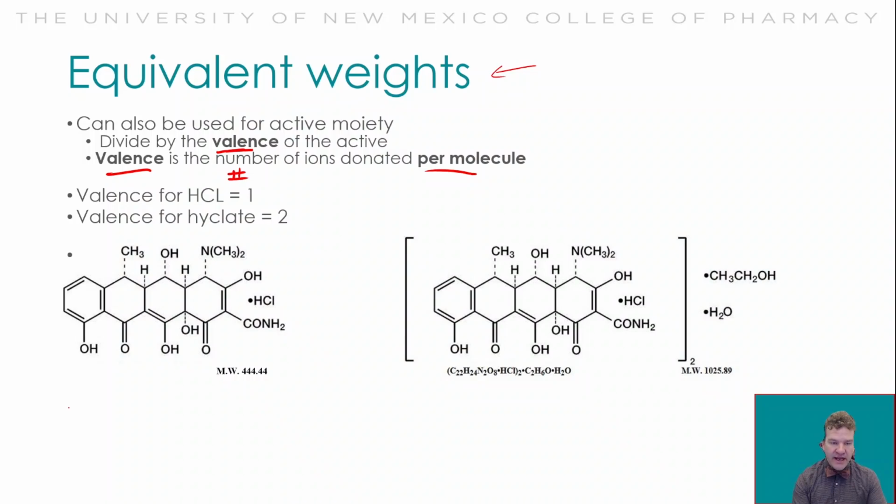So our molecular weight is 444 divided by the valence gives us the equivalent weight, and our equivalent weight is 444.44 grams per mole. Okay? Here, our molecular weight is 1025.89, but it's per 2 molecules to give us the equivalent weight.